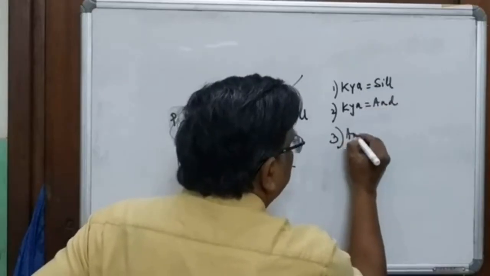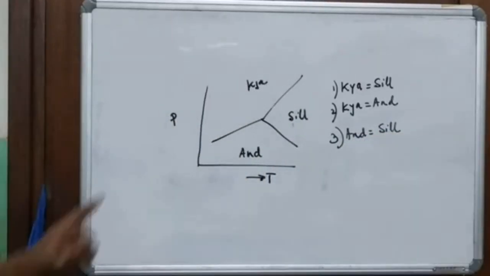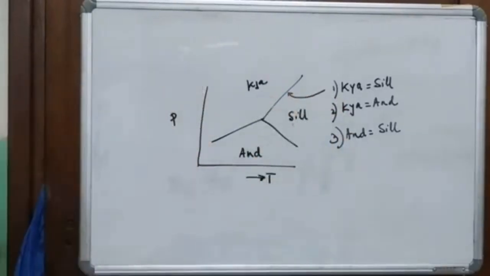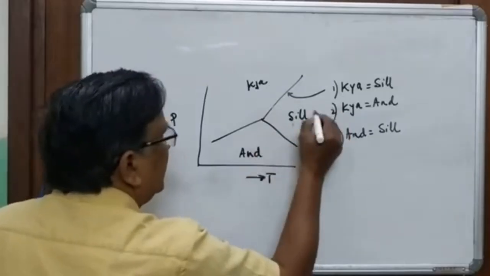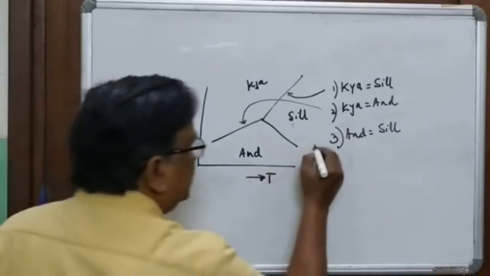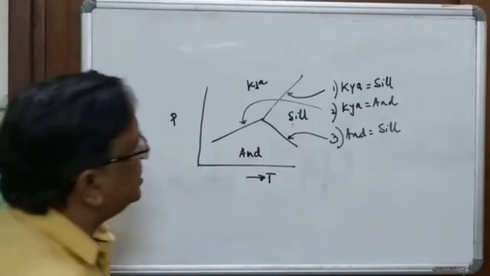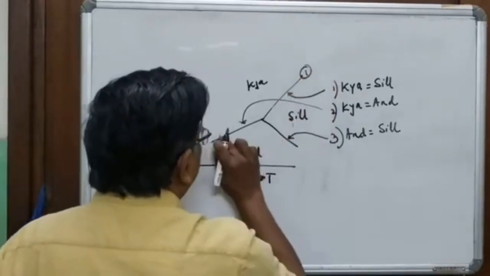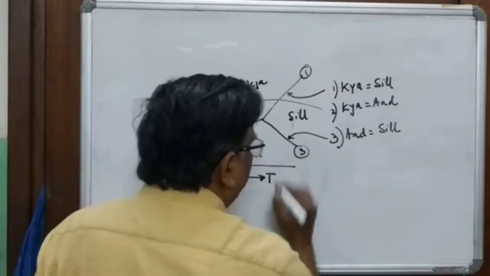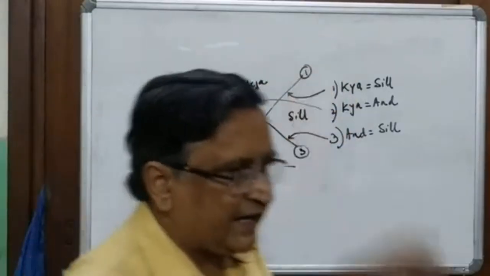And andalusite equal to sillimanite. These are 3 possible reactions. This is kyanite to sillimanite. This is kyanite to andalusite. And this one is andalusite to sillimanite. So this is 1, this is 2, and this is 3. Right? So we have 3 reactions.